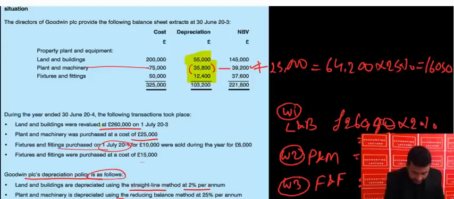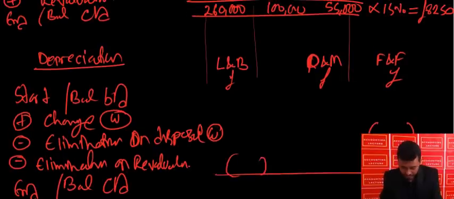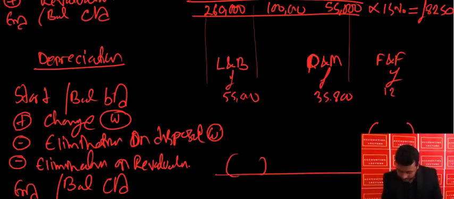We will take this information at the beginning as balance BD. So 55,000 and 35,800 and 12,400.